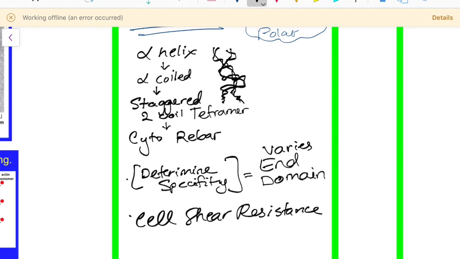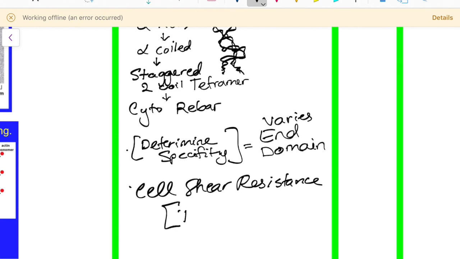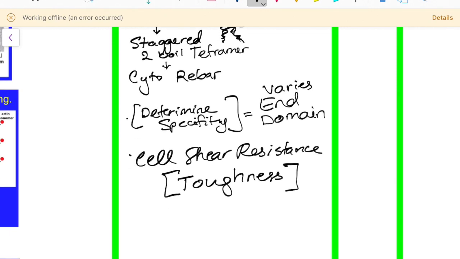We call that the cytoplasmic rebar, or the toughness. We find it in things like our hair, feathers, claws. So you have the keratin type and the neurofilament type in cytoplasmic, and the only one in nuclear is the nuclear lamin.